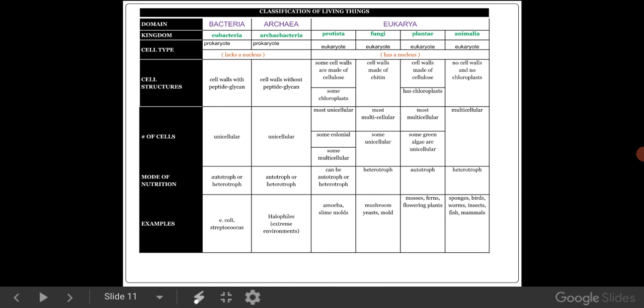So we have bacteria in the domain. Its kingdom is eubacteria. The cell type would be a prokaryote. The structures would be cell walls with peptidoglycan. The number of cells is it's unicellular. The mode of nutrition is it's an autotroph or heterotroph. It can be either one. And this would be things like E. coli.